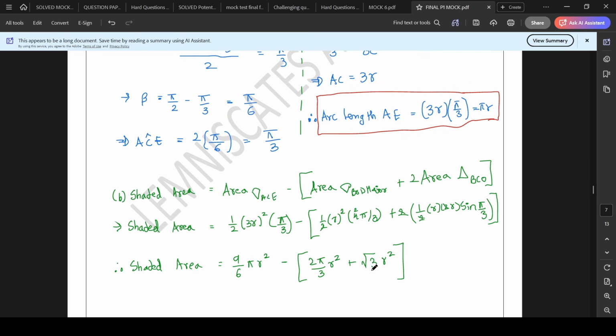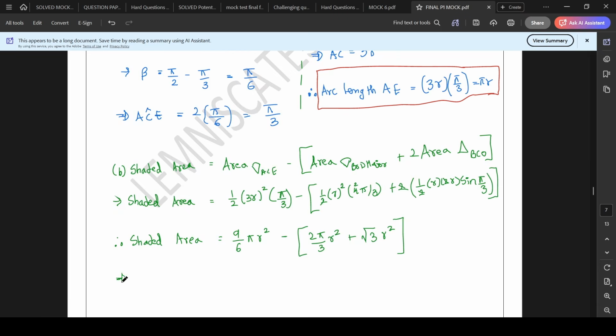So finally, this will imply that the shaded area is equal to what? I'll simplify this term because pi r squared is constant. What is 9 by 6 minus 2 by 3 in the calculator? It comes out as 5 by 6.